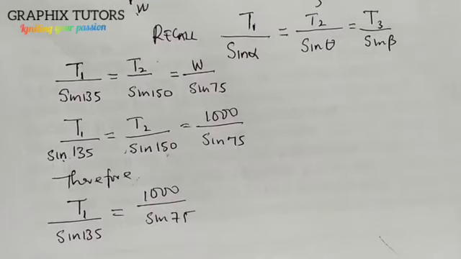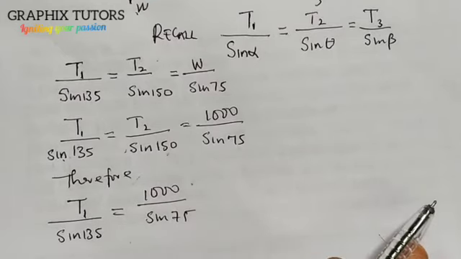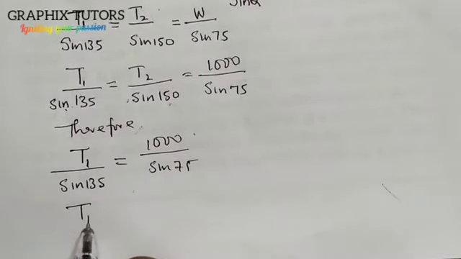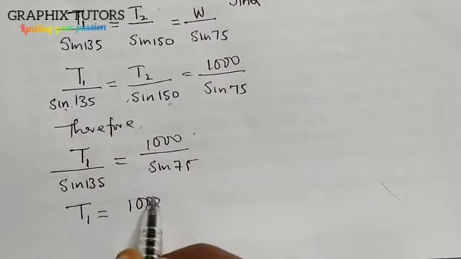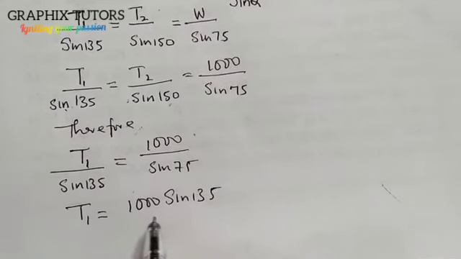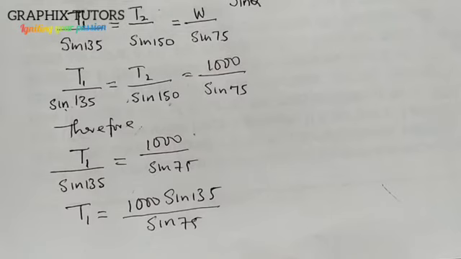If I cross multiply, I'll have T1 equals 1000 times sine 135 all over sine 75.